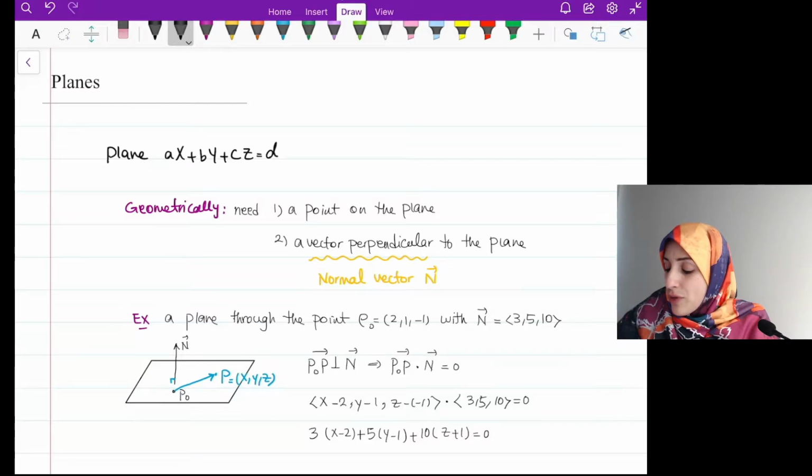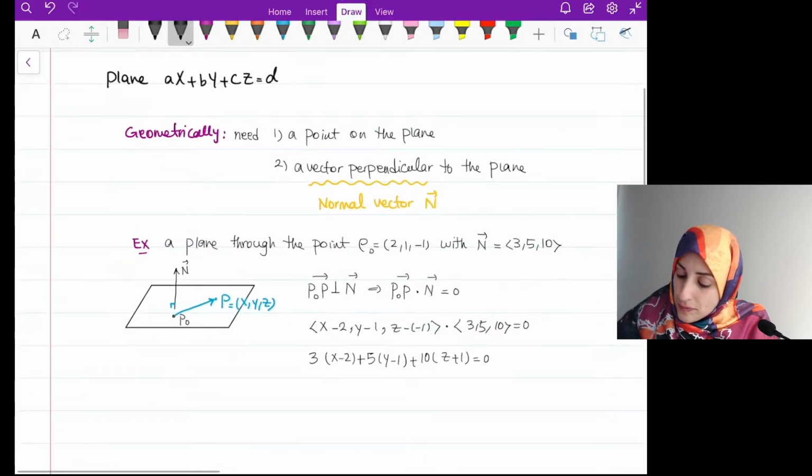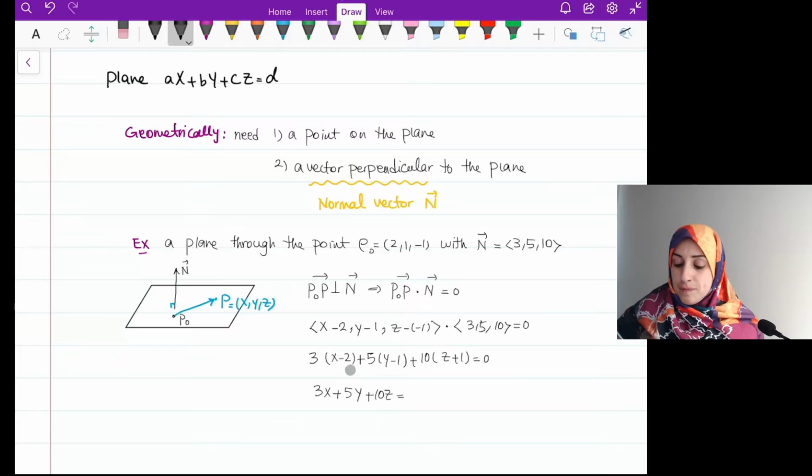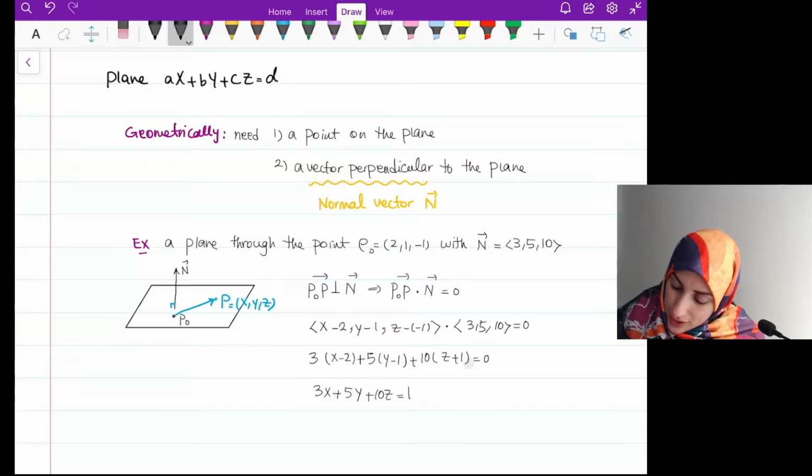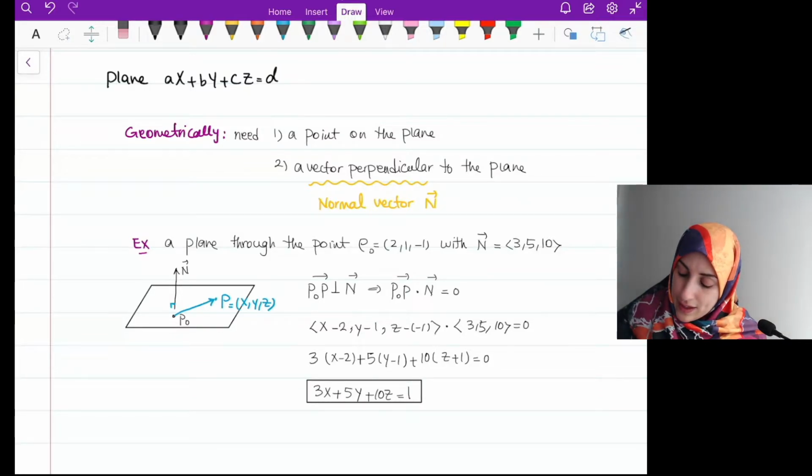If I want to simplify it a little further, it would be 3x plus 5y plus 10z, and I'm going to bring all the other numbers to the other side. So I get negative 6 minus 5, so negative 11, plus 10, negative 1. I'm going to bring it to the other side, so I get 1. This is exactly the equation of the plane, as you see in here.